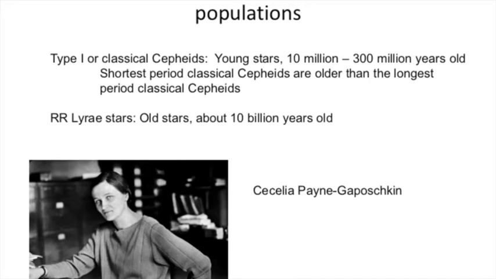One of the pioneers in using variable stars in this way was Cecilia Payne-Gaposchkin, another Harvard astronomer, but it was many years after the time of Pickering, in the Shapley era and later. If you see a type 1 Cepheid, that's generally a young stellar population. If you see an RR Lyrae star, half-day period pulsation, that tells you that an old population is present. Those are found in globular clusters. Those are stars about 10 billion years or more old.